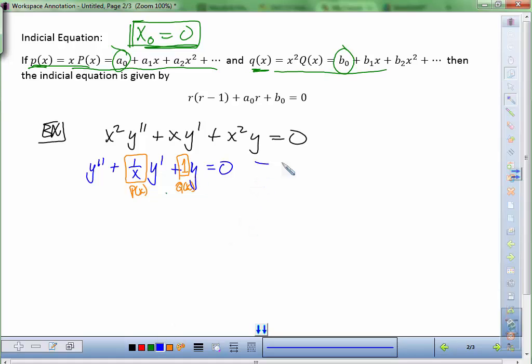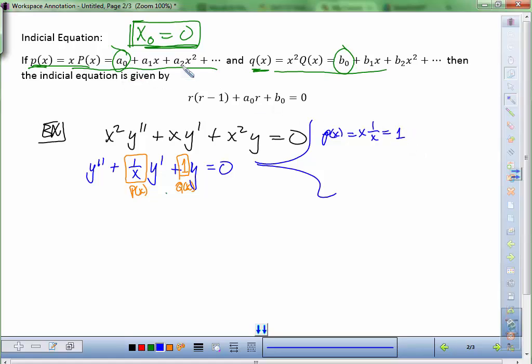From here, we try to find out what little p of x is. And that is x times capital P of x, which is just 1. And this is a constant already, and so we don't have to find a Taylor polynomial or power series for this. That's just it.